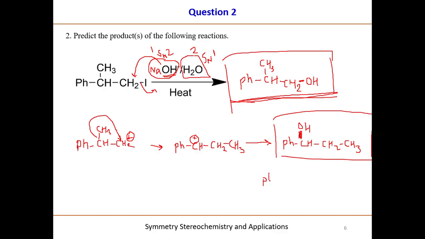It does not depend on the substrate, because after the carbocation formation, the nucleophile can attack from both sides, from the bottom as well as from the top. That's why we get racemic products, not stereospecific. Okay. So these are the possible products in this case.